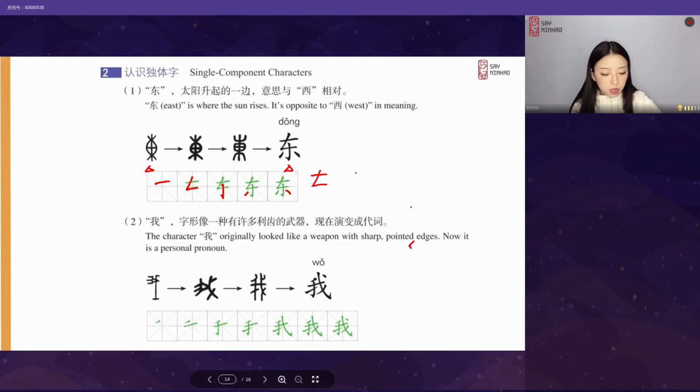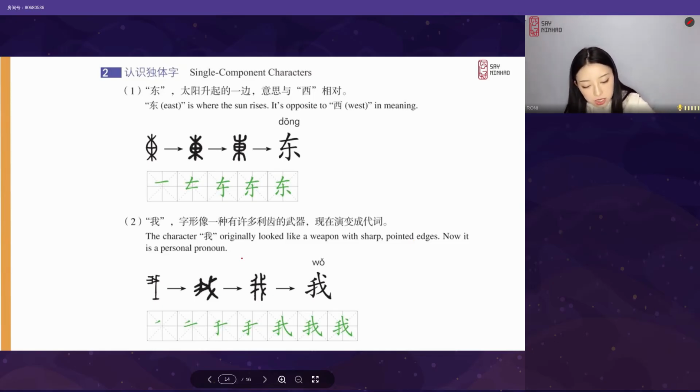Horizontal, left falling to turning, and then vertical hook and two dots. Horizontal, left falling to turning, vertical hook, two dots. This is 东 east.